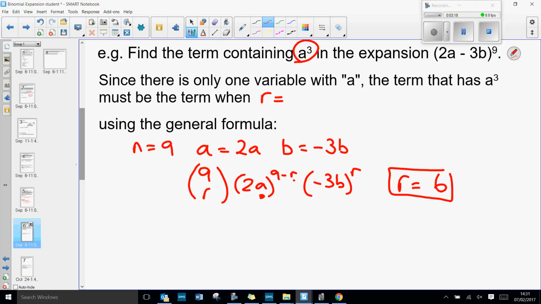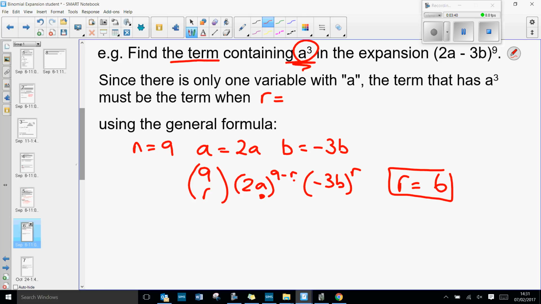One more time. When we expand this out, we could do all 10 terms, and we'd have to find each one of them. But they're only interested in the one term that has an a cubed in it.